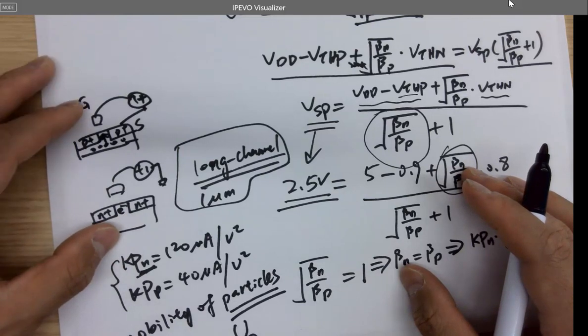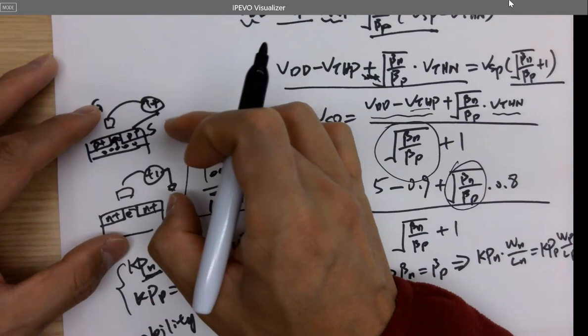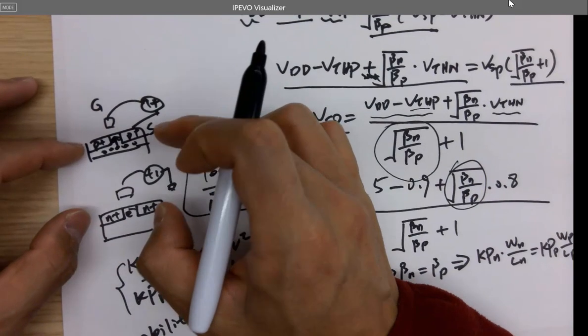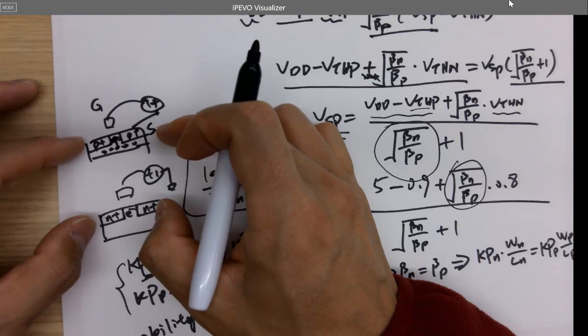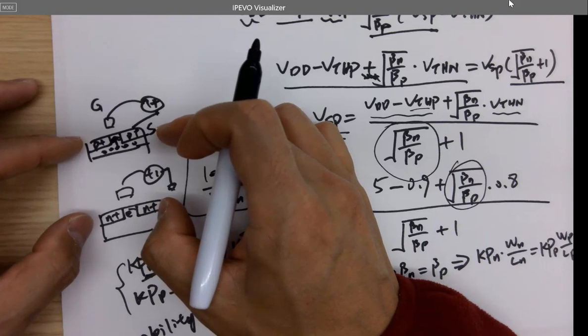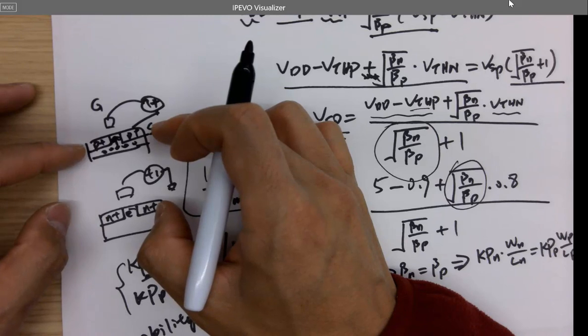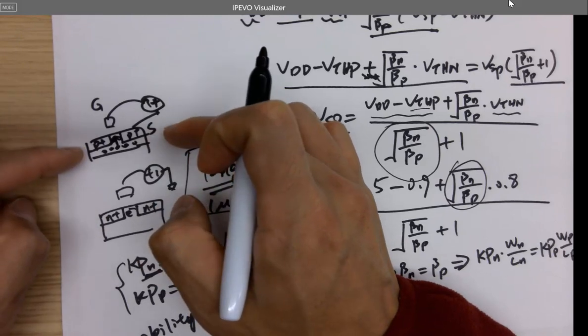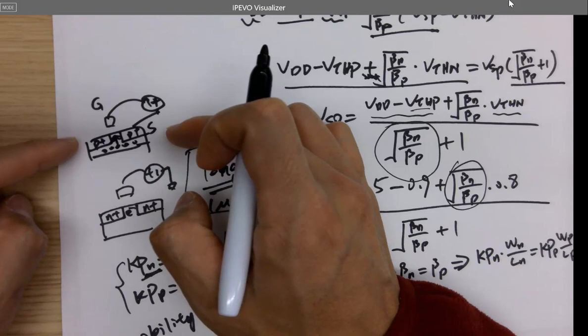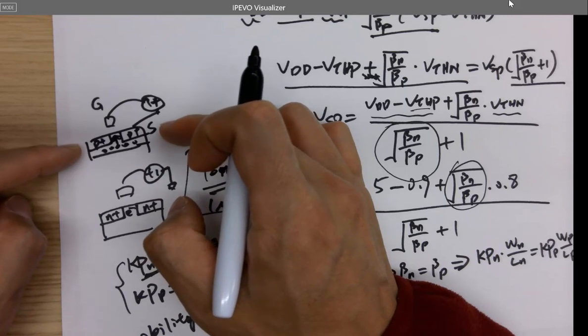Does that make sense? Okay, so very quick check here. If we want to run the holes from source to drain, which terminal should have a higher voltage potential for the PMOS? Which one is shorted to the higher potential to run the particles in the channel, to create the electrical current in the channel?